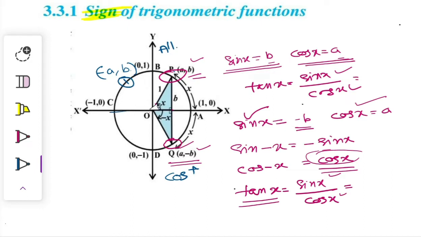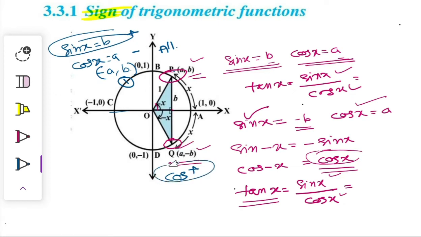Therefore, a is negative and b remains positive. So sin x equals b, that is positive, and cos x equals a, that is negative, and obviously sin by cos is negative. Therefore, in the second quadrant only sin is positive.